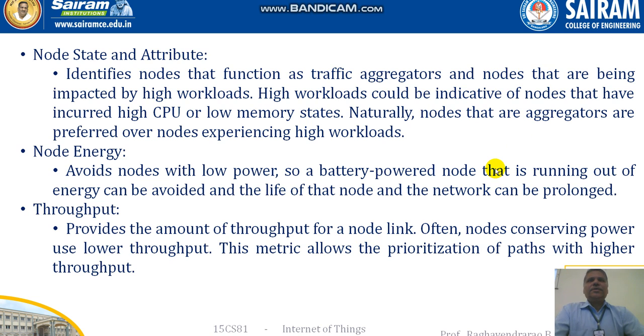Node state and attribute. It identifies the nodes that function as traffic aggregators and nodes that are being impacted by high workloads. High workloads could be inclusive of nodes that have incurred high CPU or low memory states.